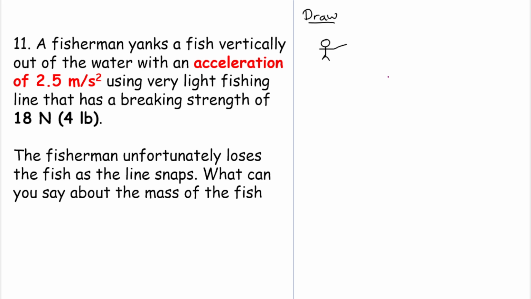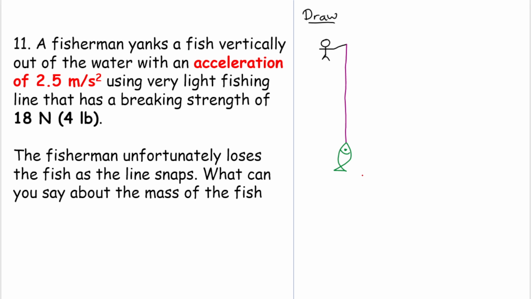Okay, and then it has a fishing line here, and somewhere below here there will be a fish. Okay, let's make the fish here. We'll have this fish like this. Good. And then what else can we get?